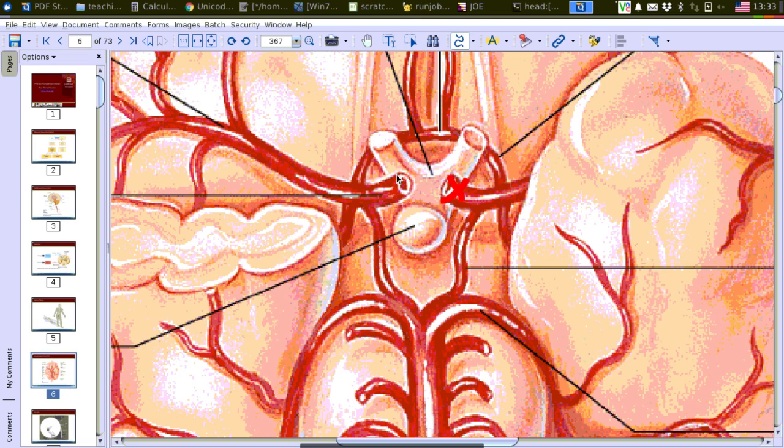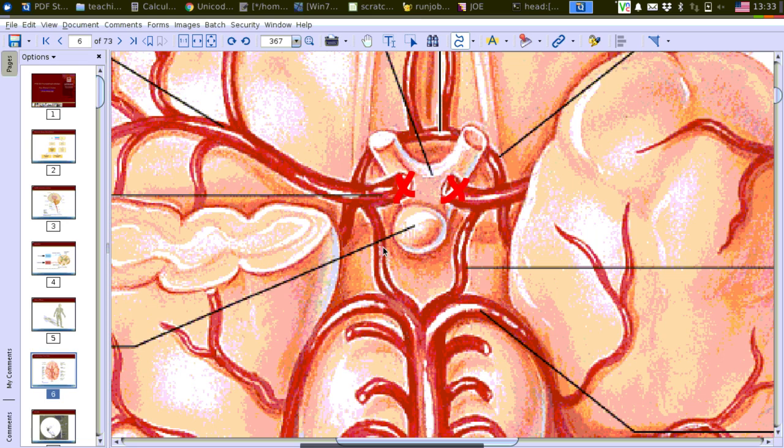In rare cases, you could actually have damage to both internal carotid arteries. And so you might expect that 2/3 of each half of the brain would be damaged, but actually nothing happens. And that's because the basilar artery here, normally it only feeds the posterior third of the brain.